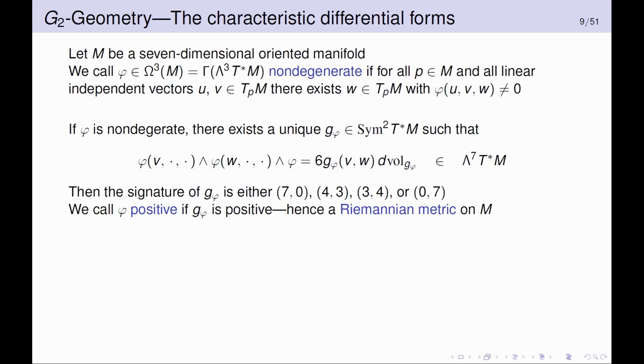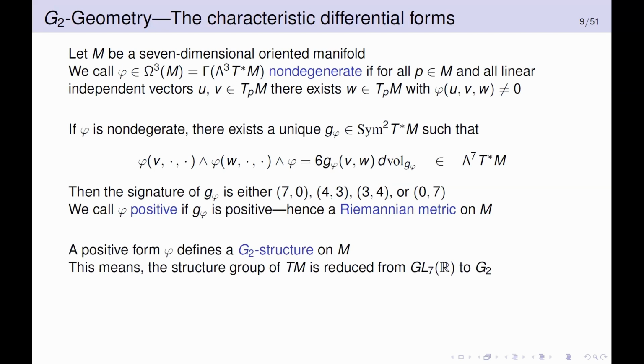And if we are in the first case, then we call phi positive. Actually, if we change the orientation, then these 2 entries in the signature change. So you could have done with only 2 of these pairs. But we have fixed an orientation so that we can say which 3-forms are positive. And if G phi now is positive, then we have our Riemannian metric.